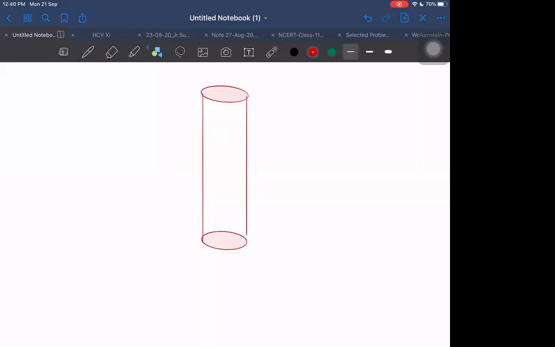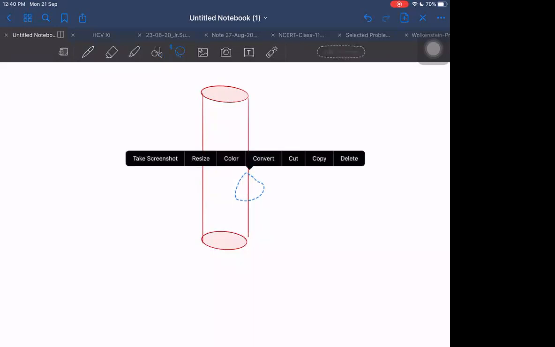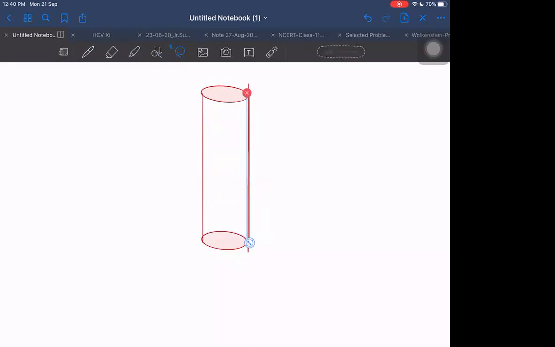Because I am not interested in just outside points, I am interested in points inside the cylinder also. Take an infinite cylinder. It does not have an end here, it has infinite length. I cannot draw the whole diagram, so it is infinite.